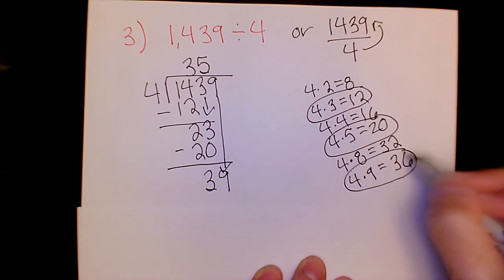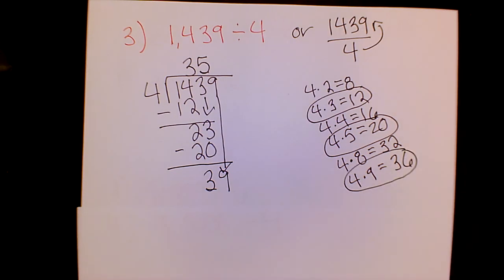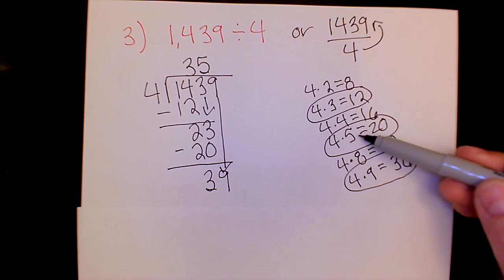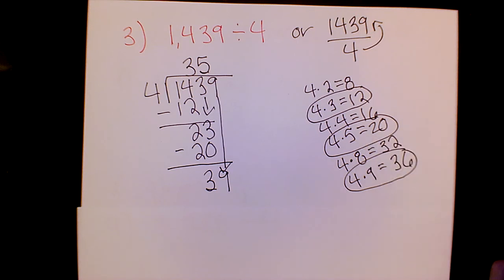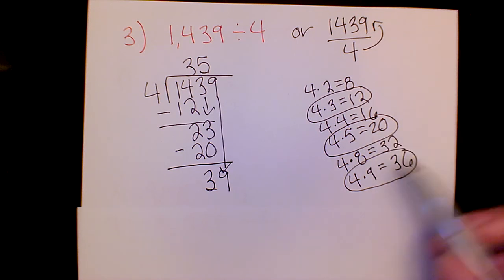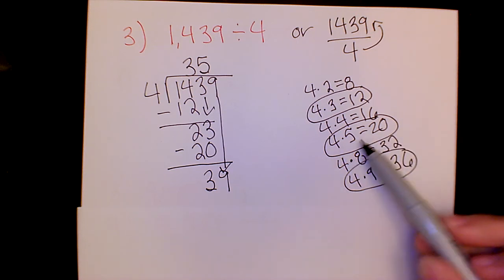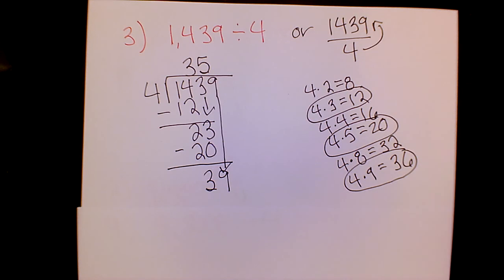Okay, I think it's going to go in 9 times. That gets me close to 39. That gets me 36. So I skipped over a bunch in between here. I went from 4 times 5 to 4 times 8. You can do that, or you can try some other numbers if you want, or if you need to do the 4 times 6 and the 4 times 7, you can also do that.